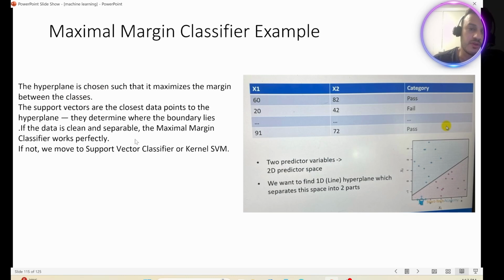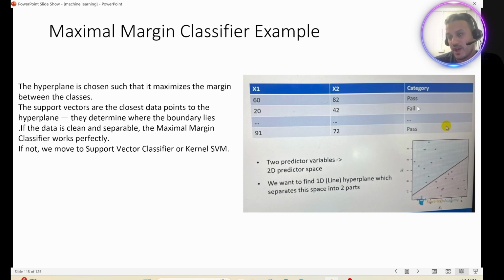So for example, if we have two predictors, that means we have 2D space, and we have the category, we need to check if it's pass or fail. The maximum margin classifier works when the data is well separable, and then we define the hyperplane that divides the data into two classes.